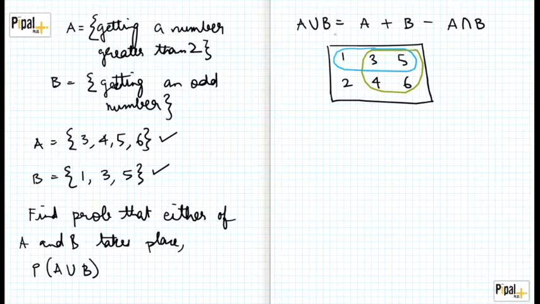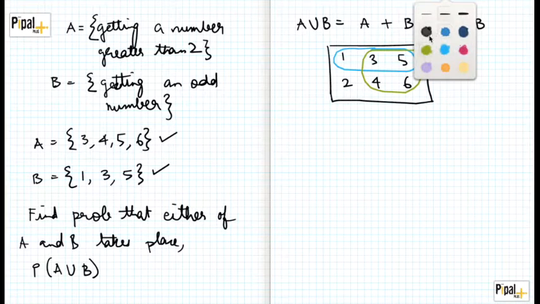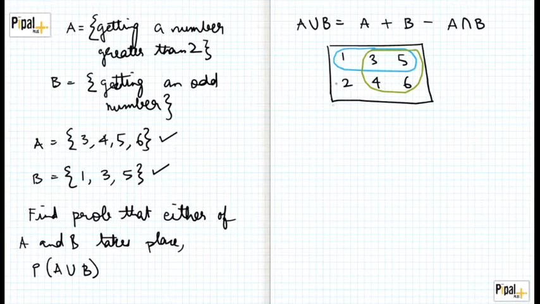So A union B is going to be all the elements inside of blue and green circles. A intersection B is this one, 3 and 5. So we get A union B is equal to 1, 3, 4, 5 and 6.